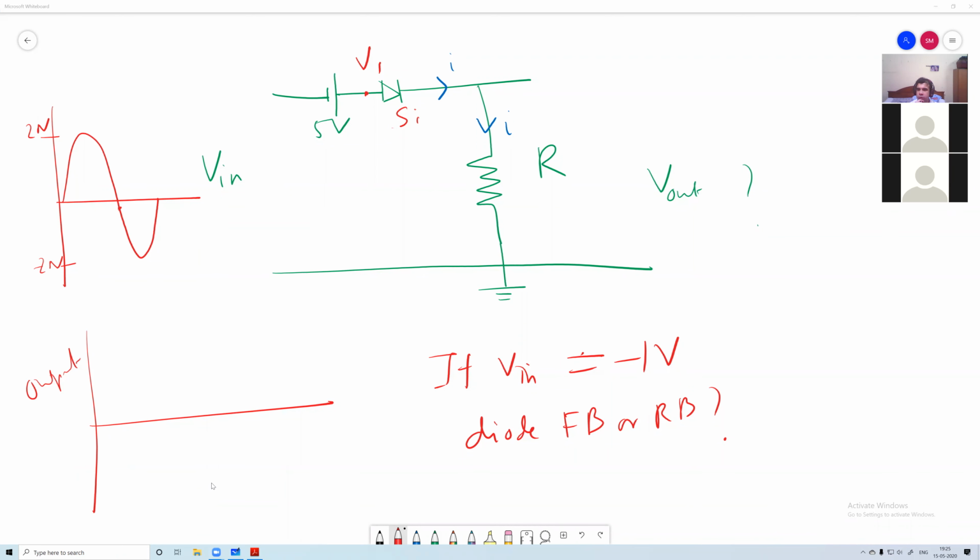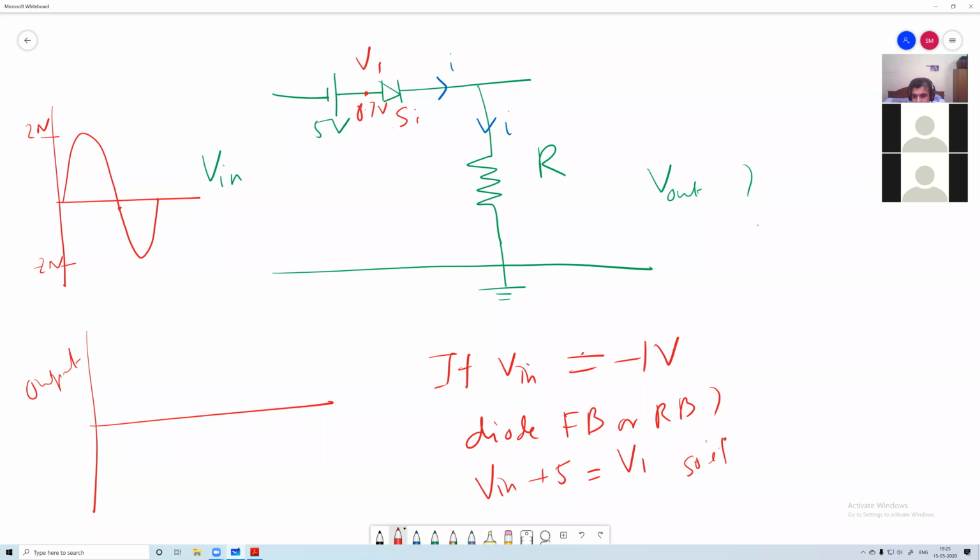It is not 5 minus 0.7. It is actually minus 5 plus 0.7. That gives minus 4.3. Obviously the voltage required to make this diode forward bias has to be at least 0.7 volt, right? From KVL, V plus 5 is equal to V1.